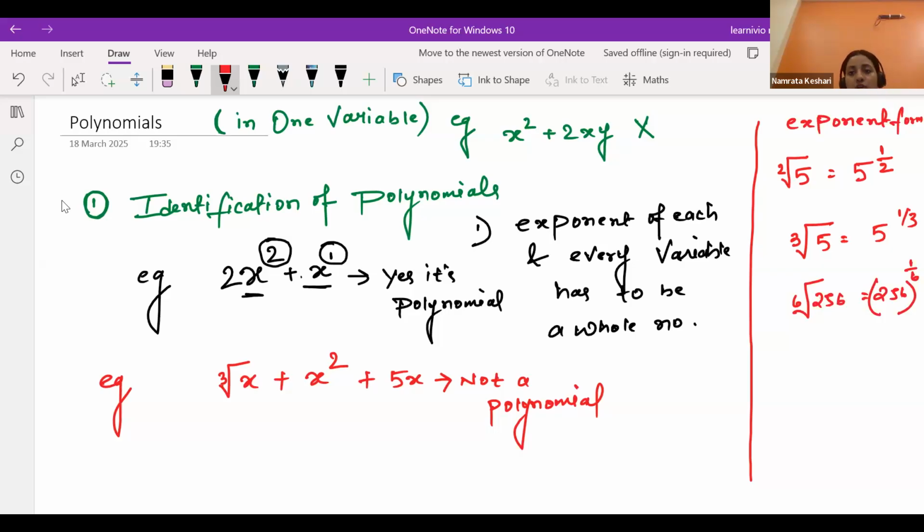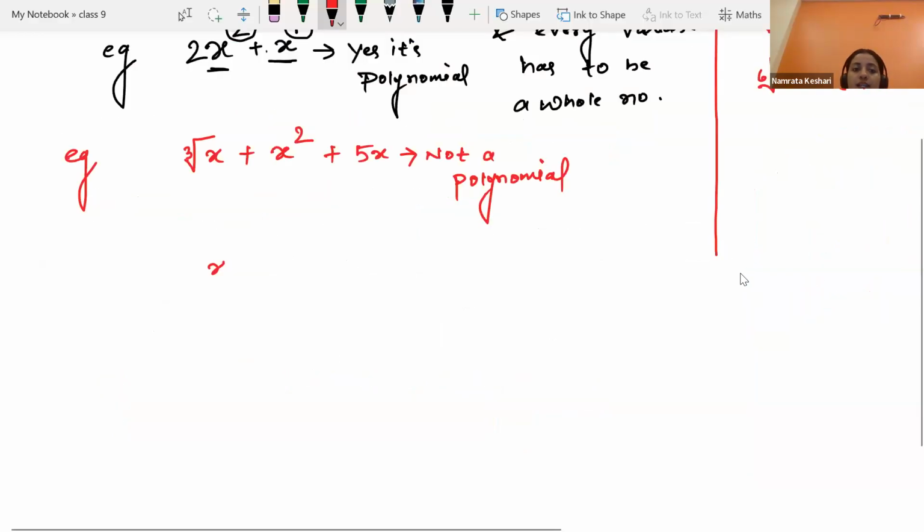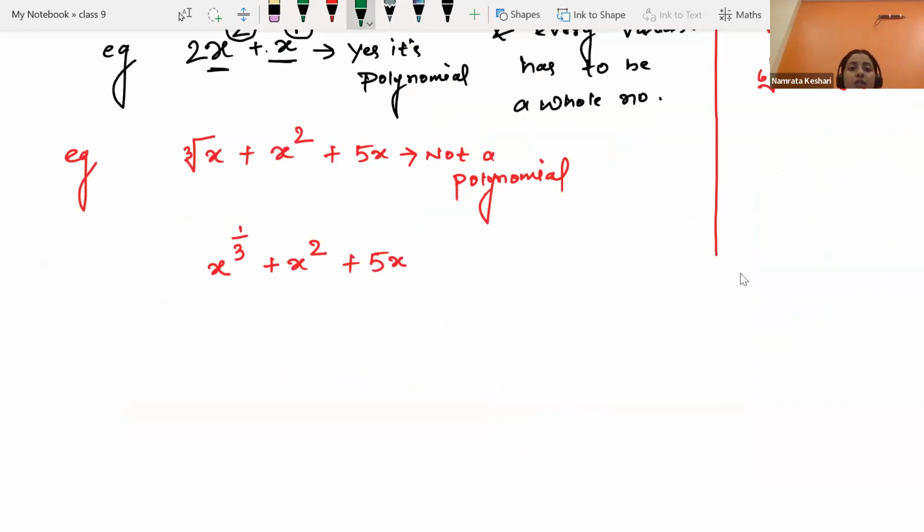On the basis of that rule, we are saying that cube root of x can be written as x to the power 1 by 3. And this is x square, this is 5x. The one and only criterion was that each and every variable's power has to be a whole number. So this is not a whole number.